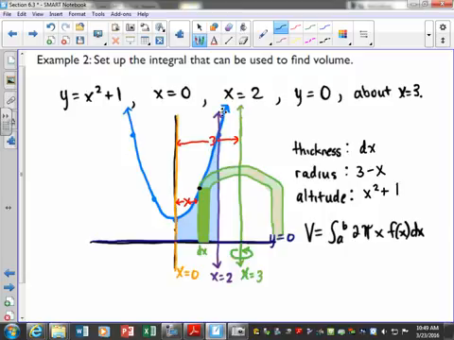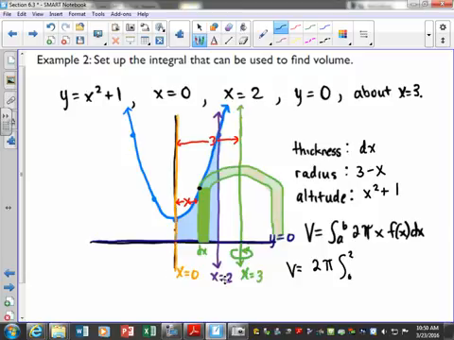Now we can put this in, so volume is equal to, if I bring the 2 pi out front, that's optional, you can choose to do that or not. We need x values here, so what's it look like it's going from? 0 to 2, right?